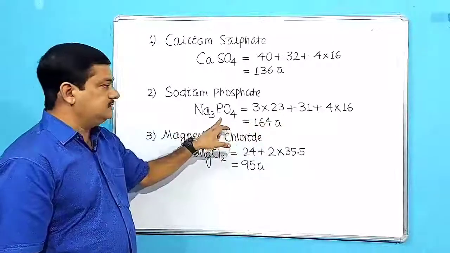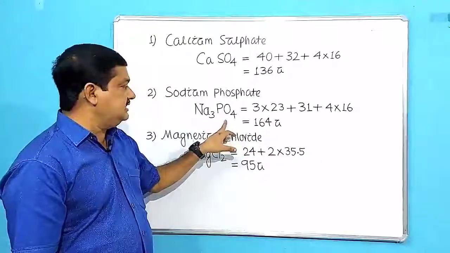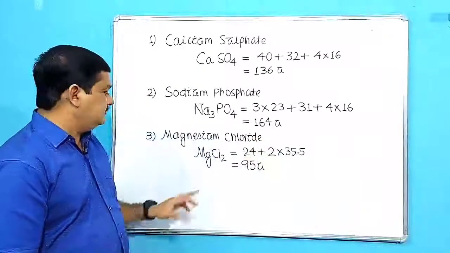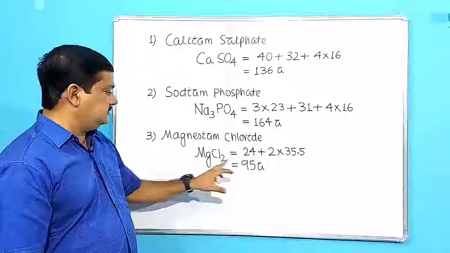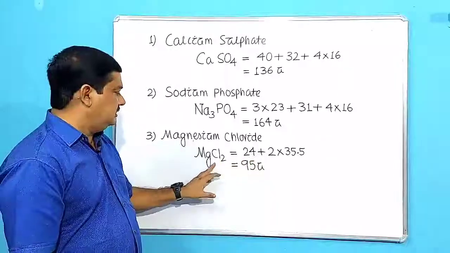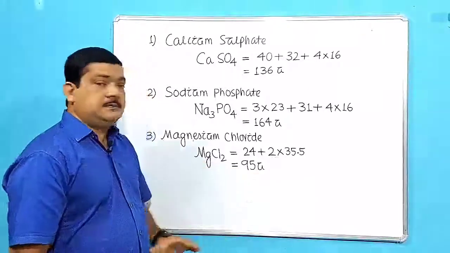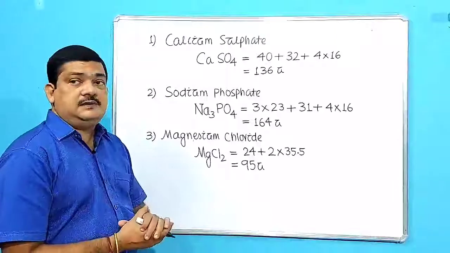Then 1 atom of phosphorus, so 1 into 31, that is 31. Then 4 atoms of oxygen, that means 4 into 16. So it will be 164 U. Then magnesium chloride, 1 atom of magnesium, so 1 into 24, that is 24. Then 2 atoms of chlorine, so 2 into 35.5. 35.5 is the atomic mass of chlorine. So it will be 95 U.